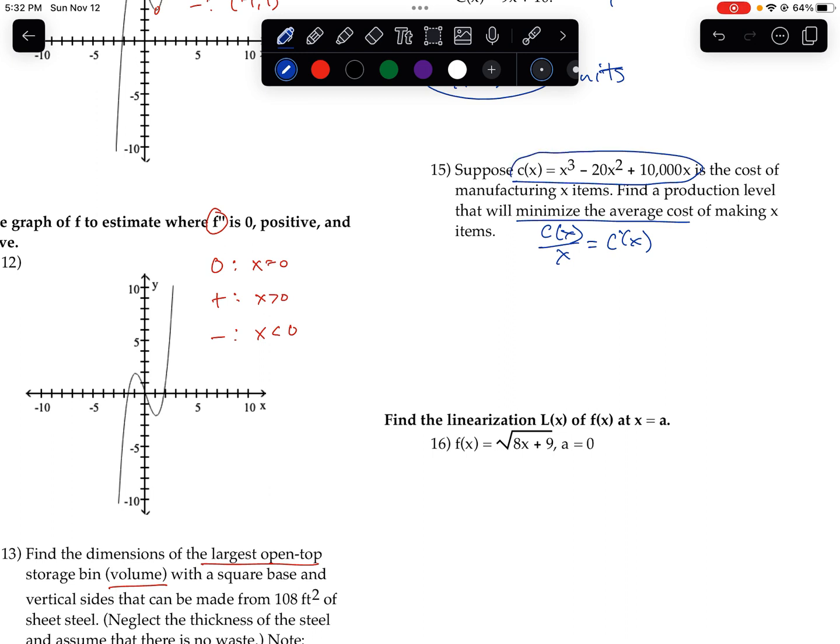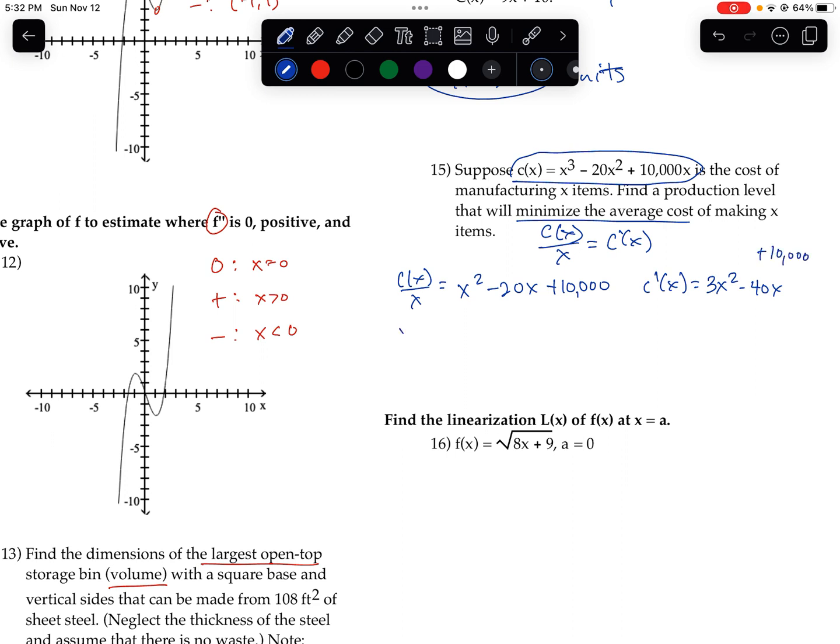I divide each of those by x. So c of x divided by x would be equal to x squared minus 20x plus 10,000. And c prime of x would be equal to 3x squared minus 40x plus 10,000.